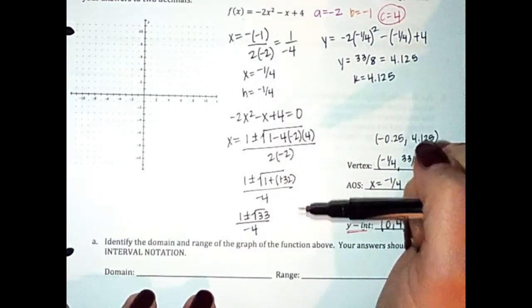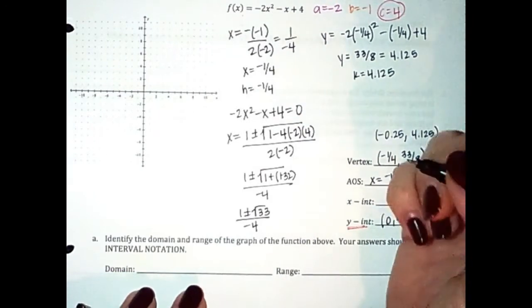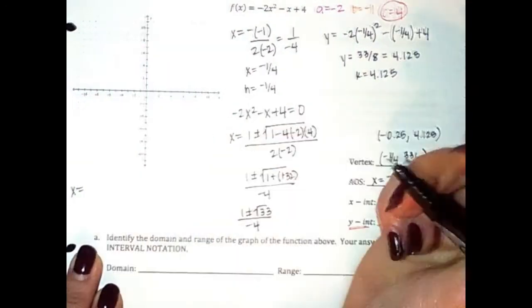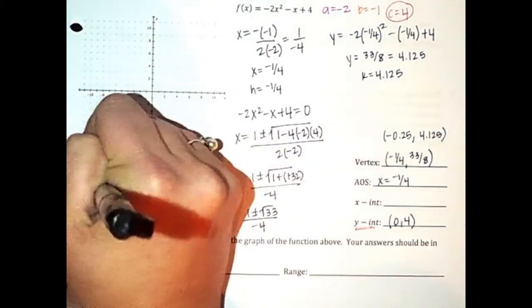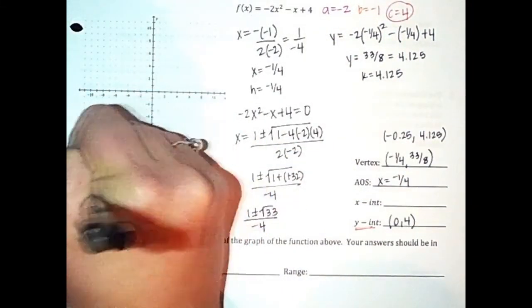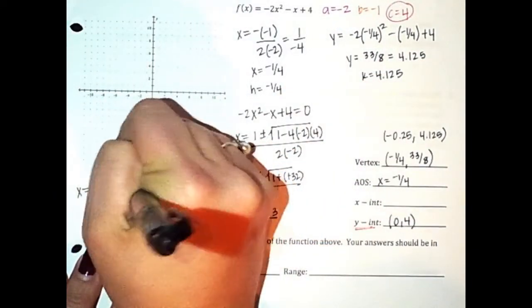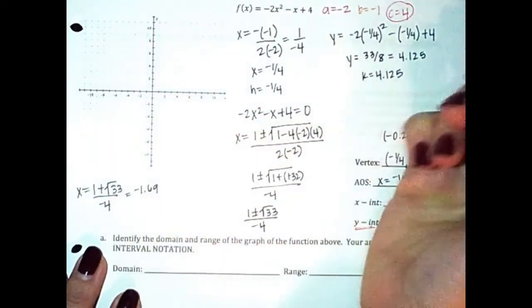So at this point, what I would do is I would simply just plug that into my calculator. I would plug in 1 plus rad 33 over -4, and that gets me -1.69.